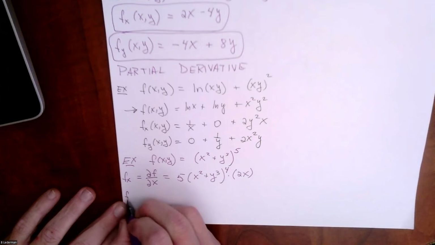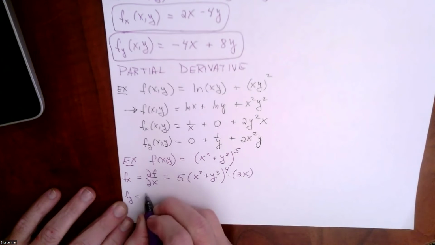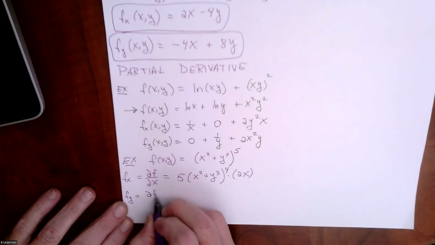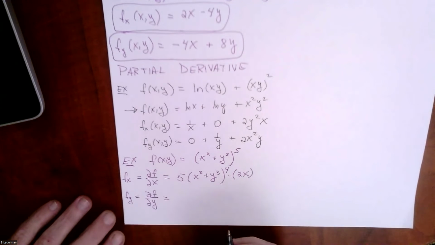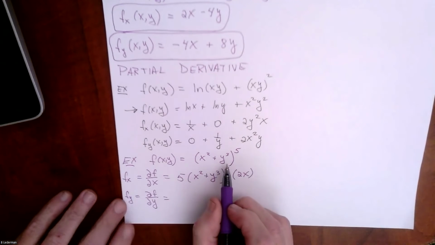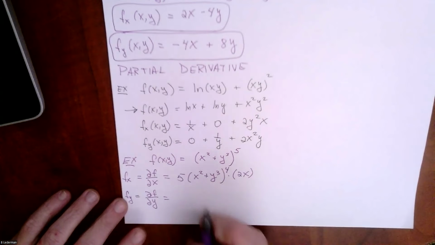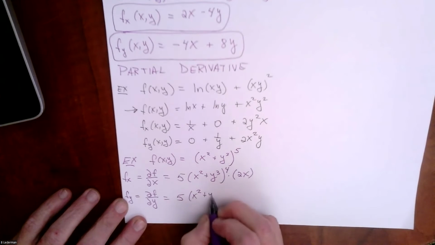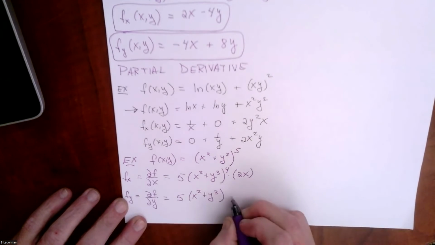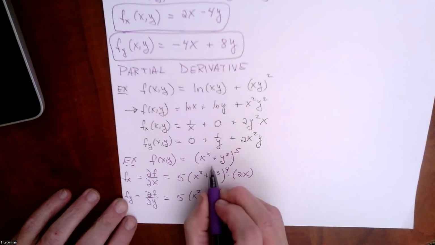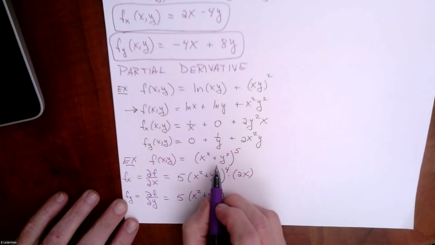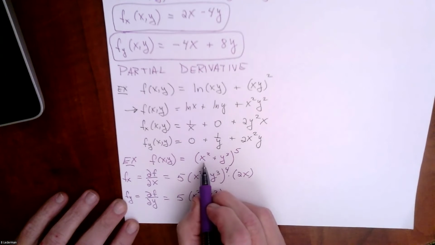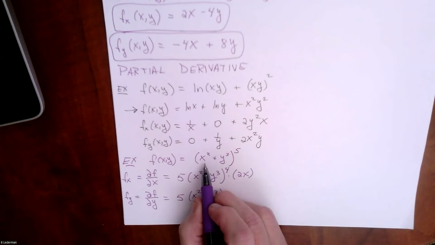Now, f sub y, and again, another way of writing it is del f del y. Well, interestingly enough, the outer derivative will be the same thing. It's going to be 5 times x squared plus y cubed. That doesn't change. But the inner derivative, well, x squared is just a constant, so the derivative of x squared just disappears.